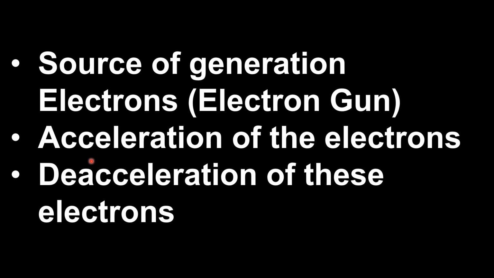And when the stream or beam of accelerated electrons interacts with the target material from which we want to generate continuous X-rays, it results in deceleration of the stream or beam of electrons. As you know, according to the law of conservation of energy, the initial energy is equal to the final energy, so the total amount of energy will remain conserved.